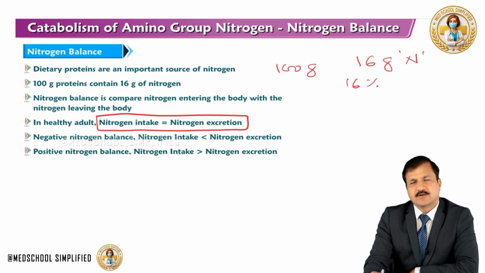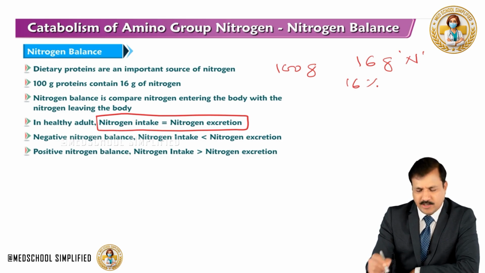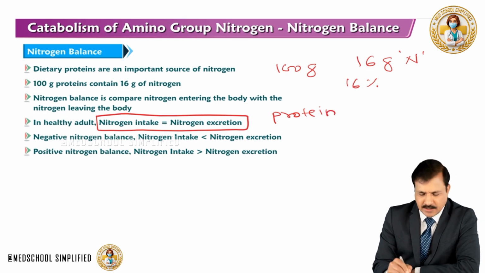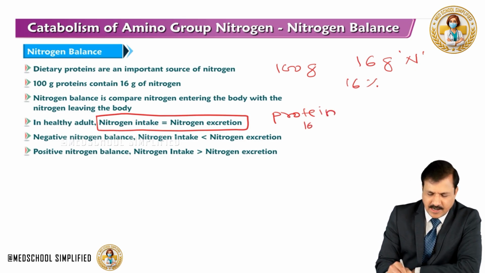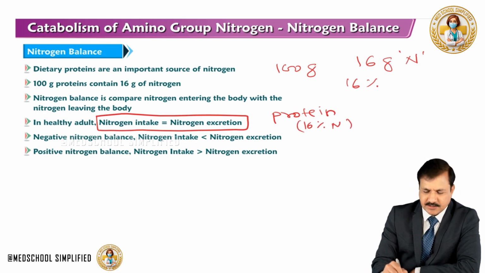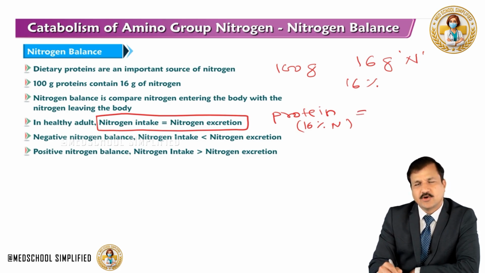The major nitrogen source getting into our body is the nitrogen present in protein in the form of amino acids. Protein carries 16% nitrogen, and the nitrogen coming in should be equal to the nitrogen going out.